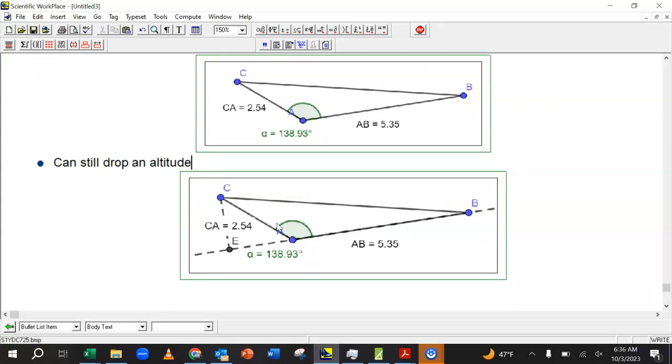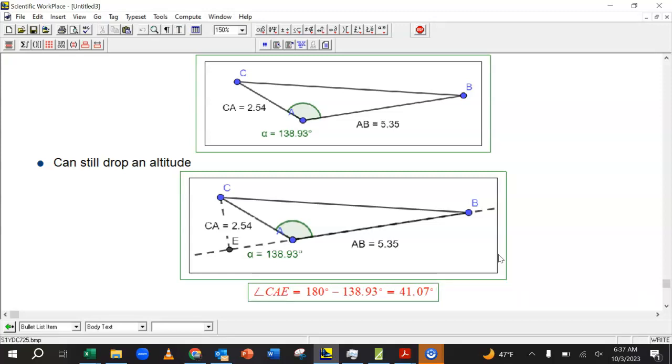If I know this big obtuse angle, how are we going to get that? And that's just the fact that the whole thing together makes a straight angle, or a 180. And so that angle CAE in the new right triangle is 180 degrees minus 138.93 degrees. Okay, and so that's 41.07 degrees.